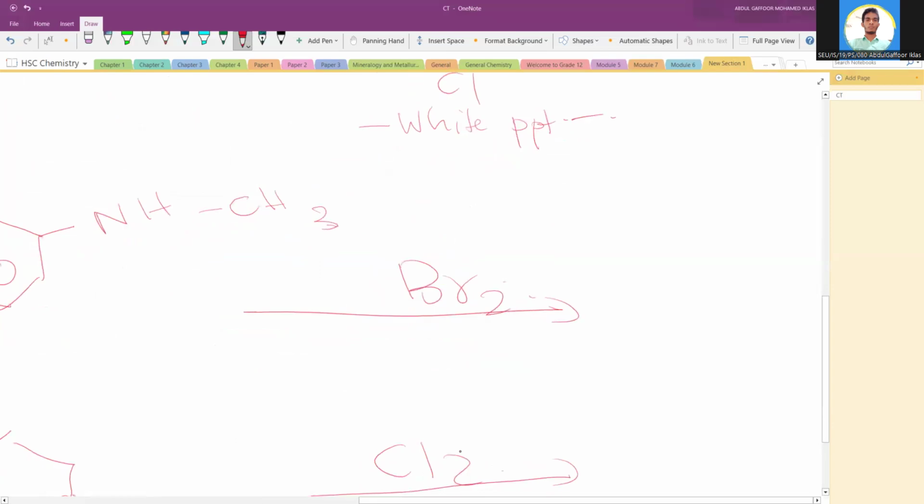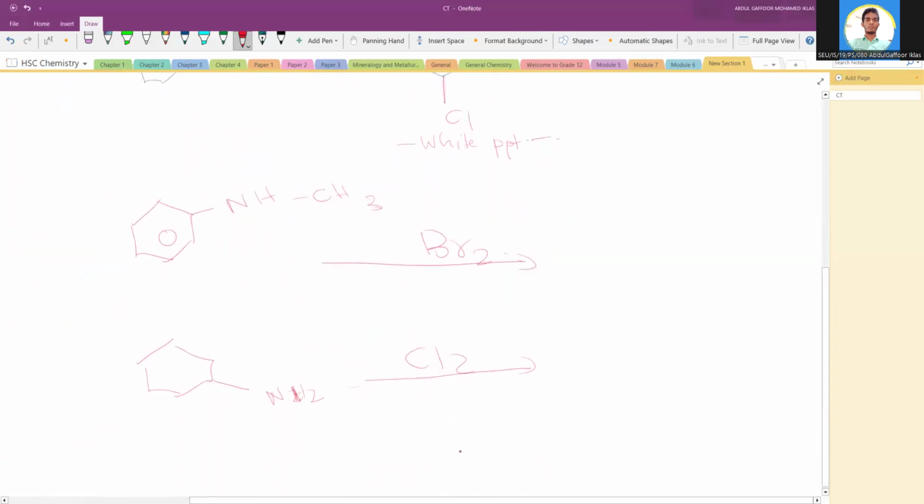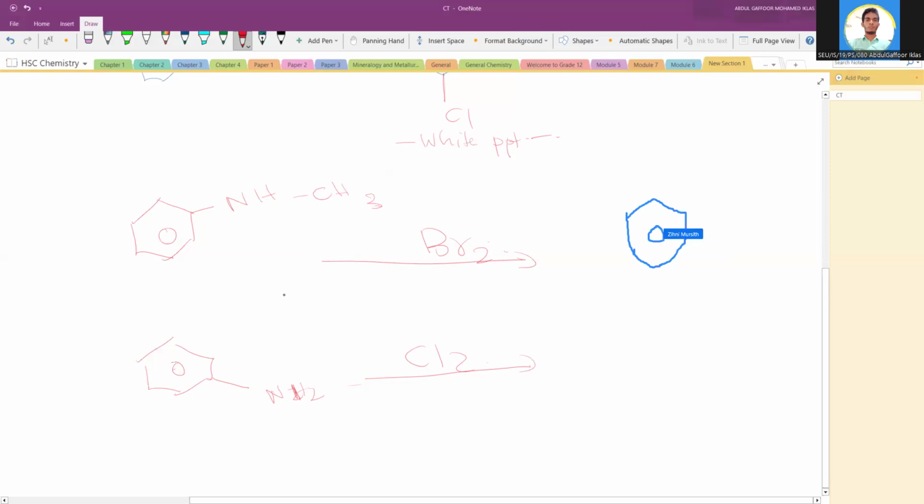So can you just try to draw the products? Okay, then we'll have the same benzene ring, and you will still have the NHCH3, and you'll also have bromine.